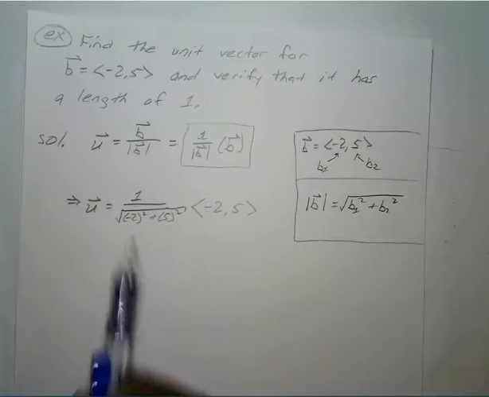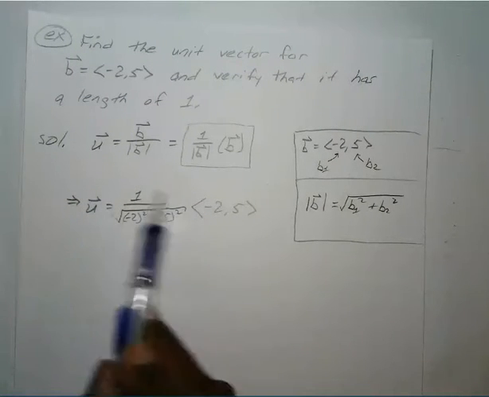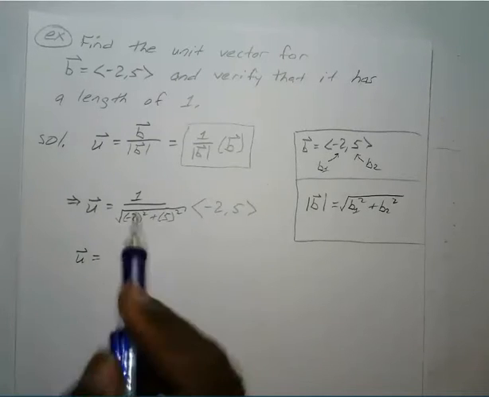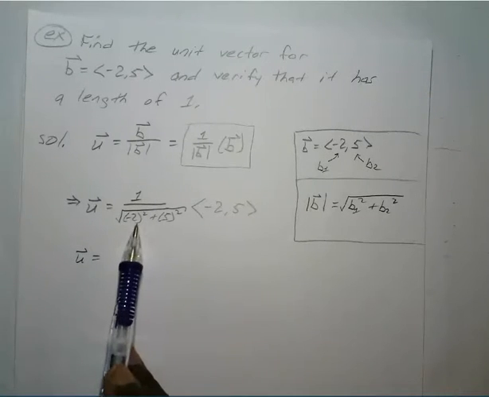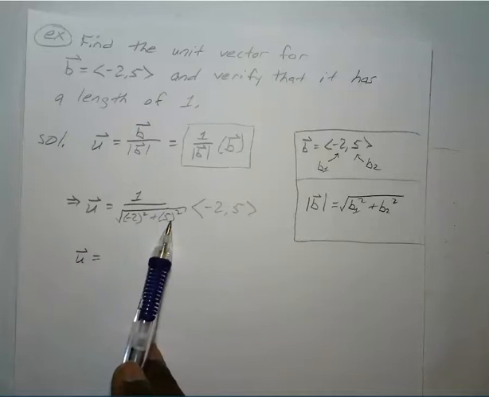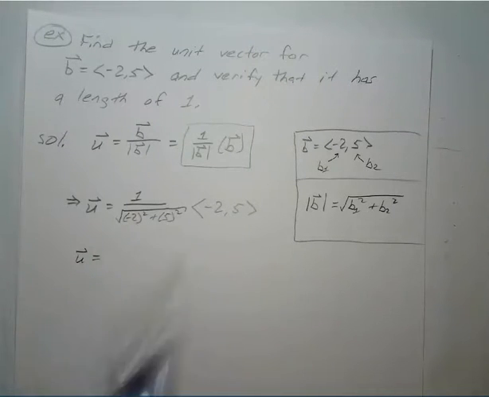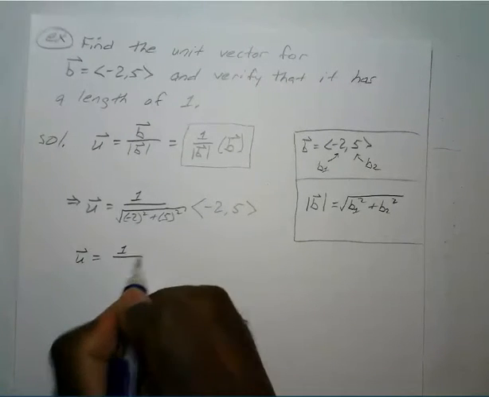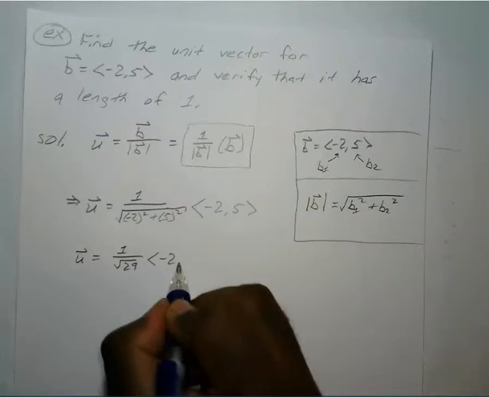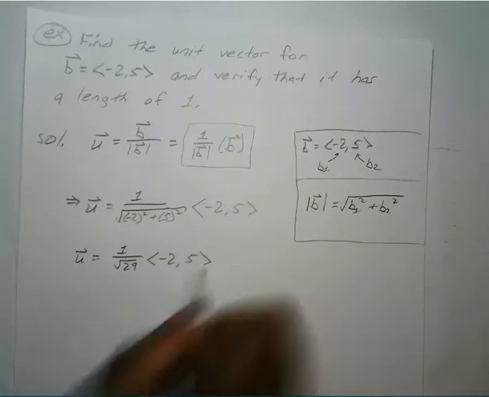Now that we have that, we can go ahead and solve this part of it. Our unit vector will equal 1 over, you have negative 2 squared, which is 4, and 5 squared, which is 25, so the square root of 29. So 1 over the square root of 29 times the vector b.